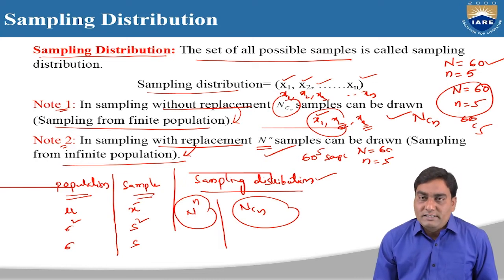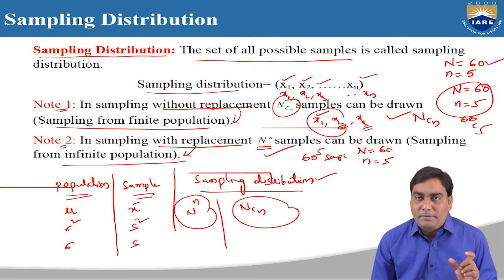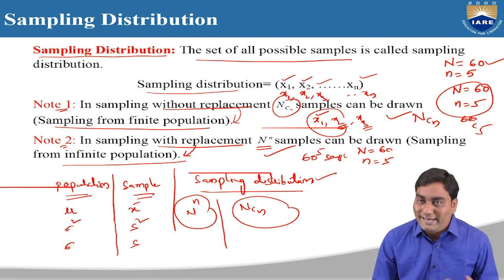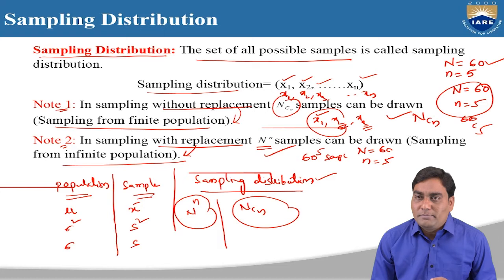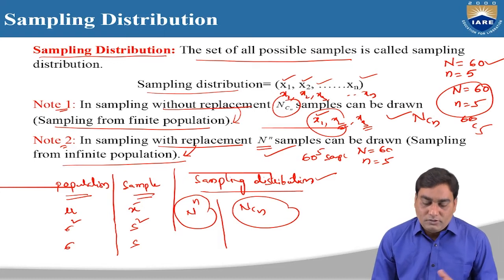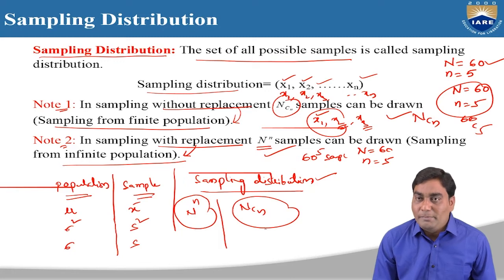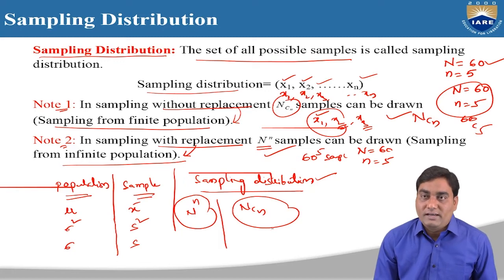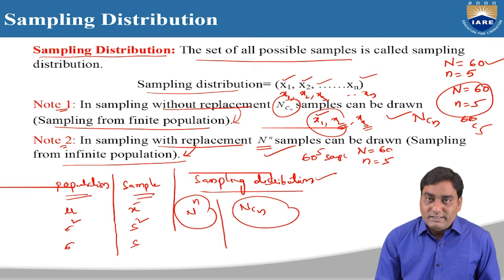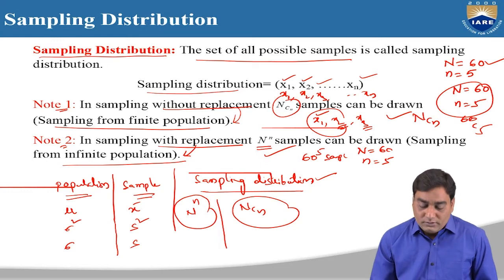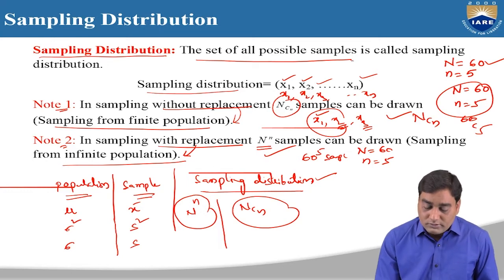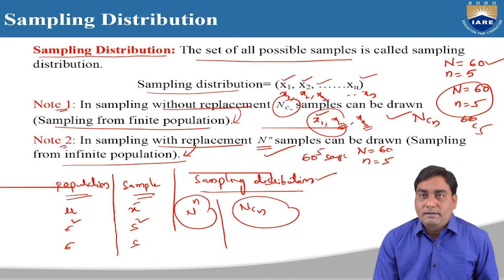A small difference is there: with replacement, we should remember never ending, and without replacement, it will end. Never ending means infinite population, will end means finite population. Like that we should remember. So this is the sampling distribution concept. The set of all possible samples is called the sampling distribution.